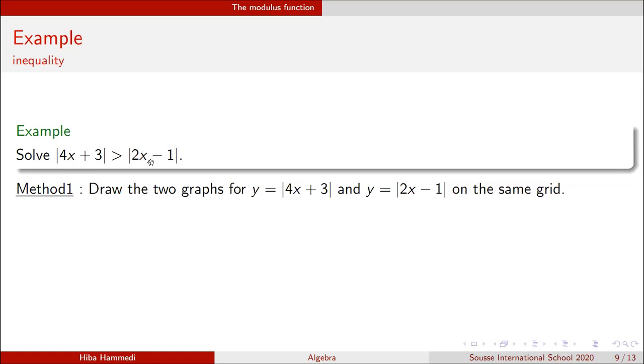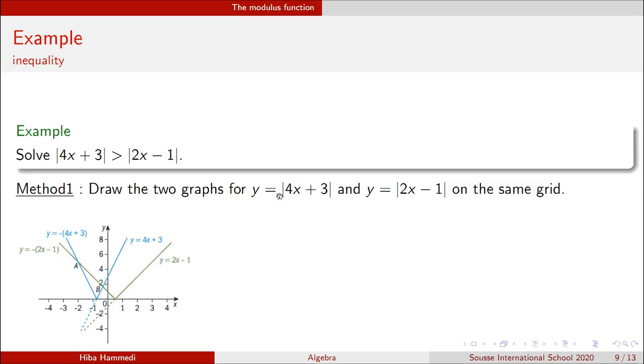I just need to draw the 2 graphs for the expression y is equal to mod 4x plus 3 and y is equal to mod 2x minus 1 on the same grid. So drawing it, I will have 2 graphs like that, one green and one blue.